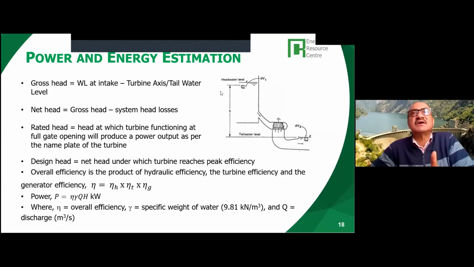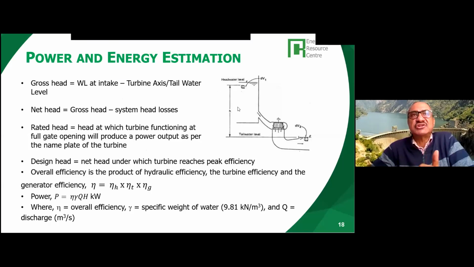And basically, we have the rated head and the gross head. Gross head is the elevation difference between the water level at the intake and the turbine axis for Pelton, and the tailwater level for reaction type turbines. Net head is the gross head minus the system head losses.